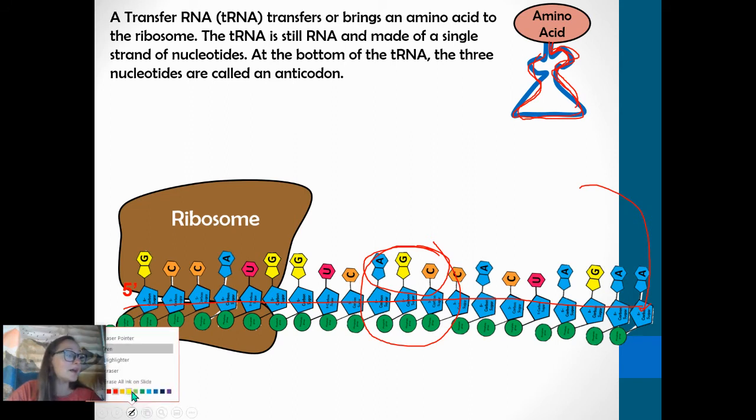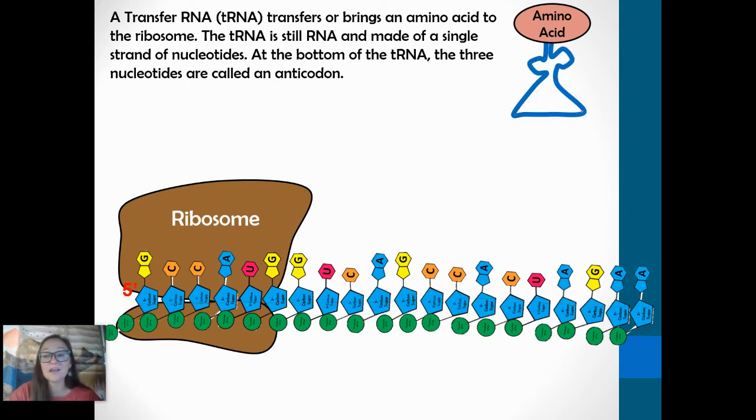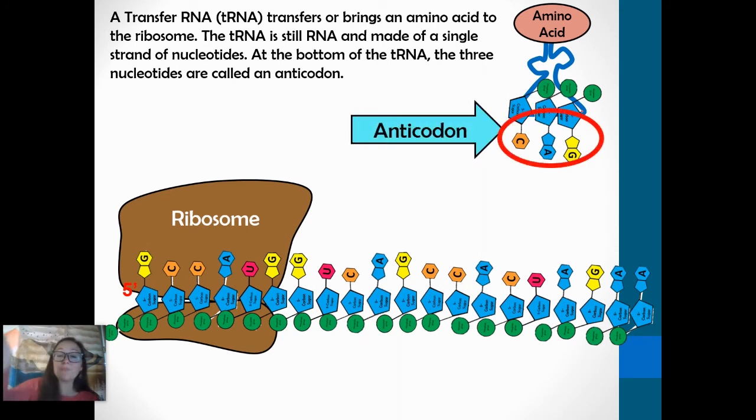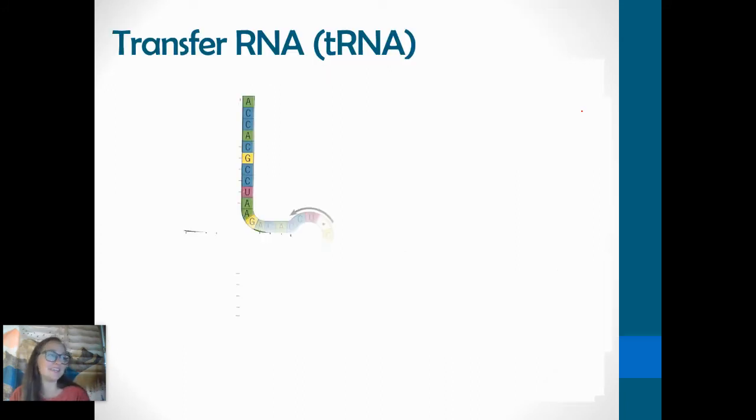So at the bottom of this tRNA, there are 3 important nucleotides. As the RNA folds up, we call this area the anticodon. So the bottom 3 bases we call the anticodon. Let's just look for a second here.